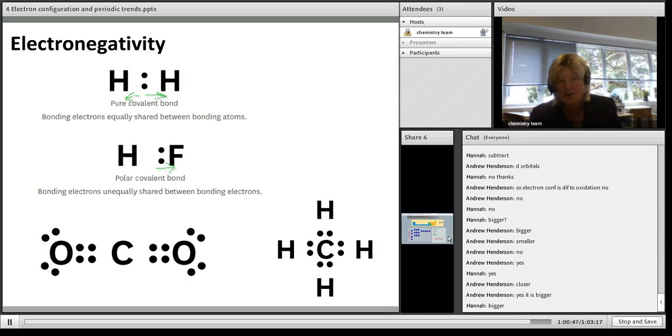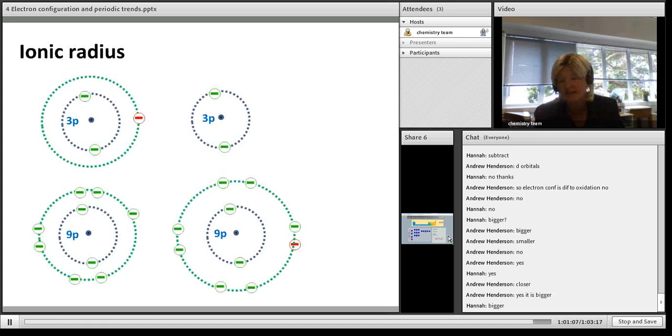Here, carbon has a small electronegativity because it has a smaller effective nuclear charge, so it's not going to hold on to its bonding electrons as strongly. Oxygen, having a high electronegativity, will attract those bonding electrons more closely, so there's an uneven sharing.